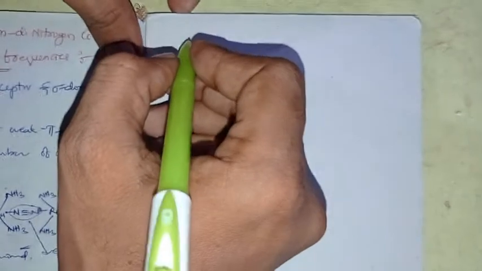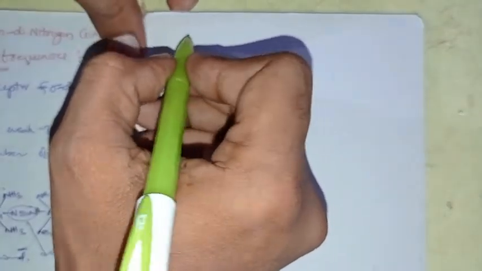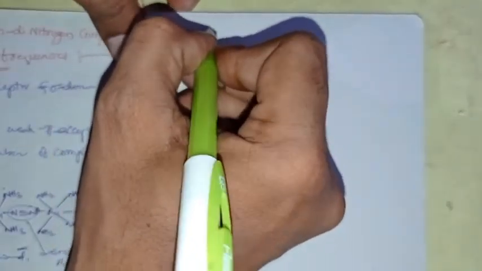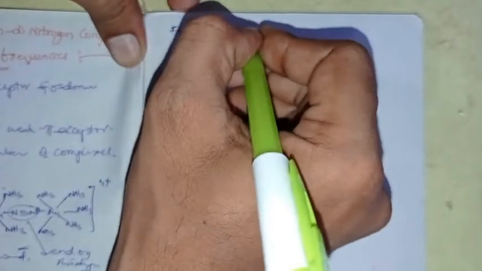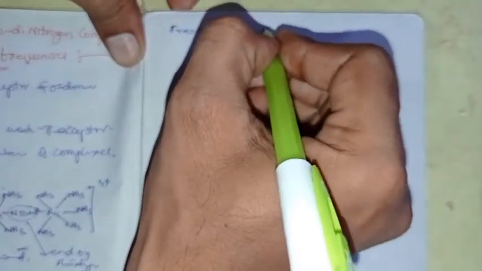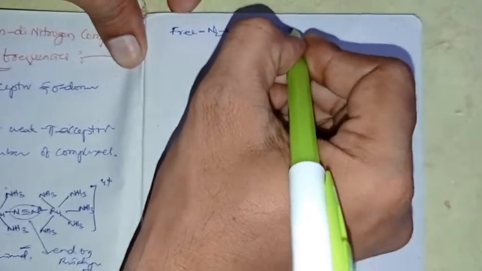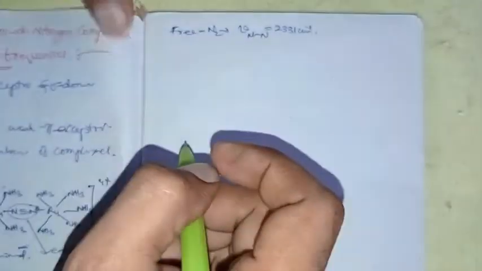Let us come to the stretching frequencies of dinitrogen. The free dinitrogen nitrogen to nitrogen stretching frequency is 2331 per centimeter.